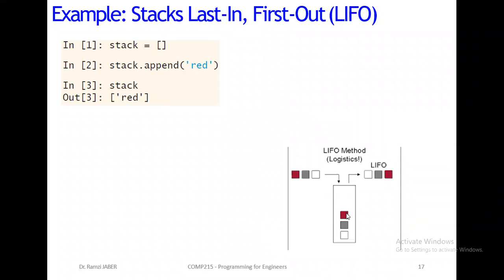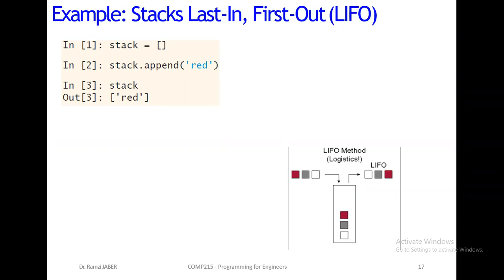When you want to remove in the LIFO method, the last one in will be the first one out, then the second, then the third. So this is called LIFO, last in, first out, or stack LIFO. We'll talk about this in detail in another course called the data structure course.